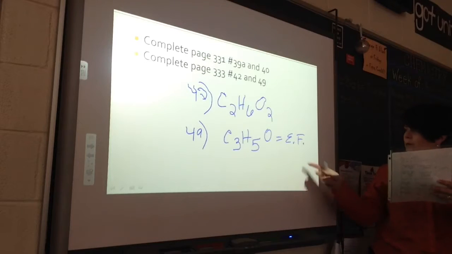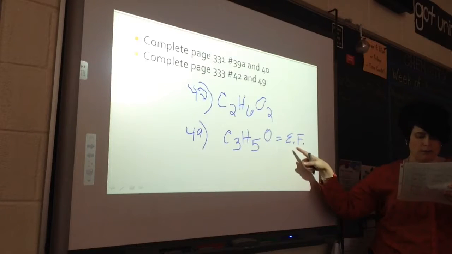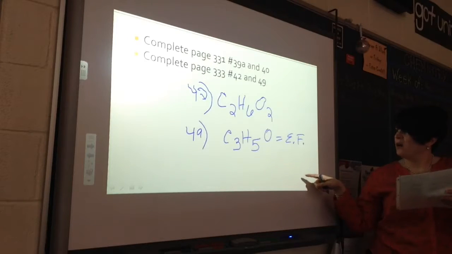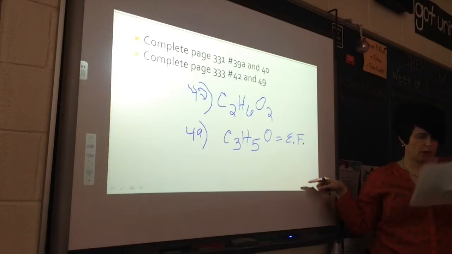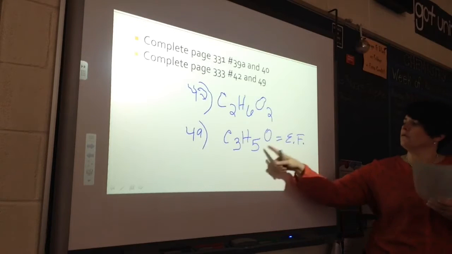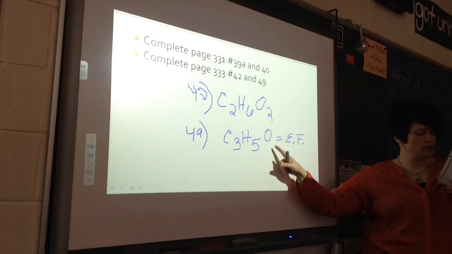This empirical formula mass right here is... 1 plus 1 times 3, 3 plus 5, 16... 57.08, yeah, okay. So 57.08, which you then take the 102 that they gave you.